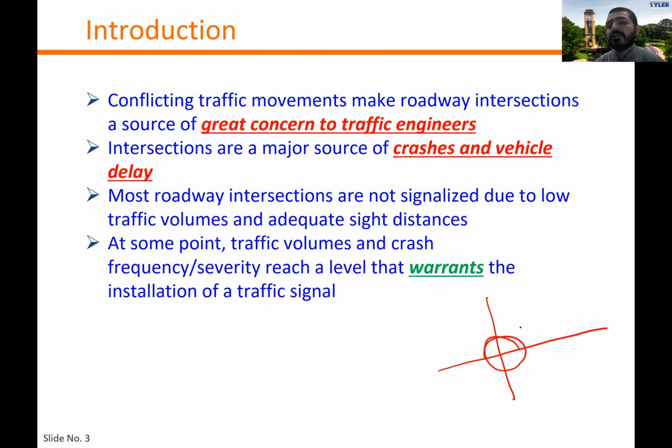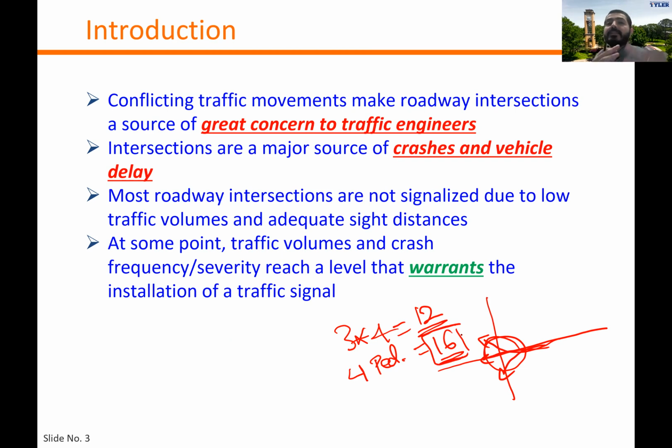Once we do have an intersection, that means potentially we have three different possible movements from each direction. So that's actually 3 times 4, that is 12 possible movements, plus, if we consider pedestrians from 4 directions, that's actually 4 pedestrian movements. So in total you have 16 possible movements or conflicts, if you will, at the intersection level.